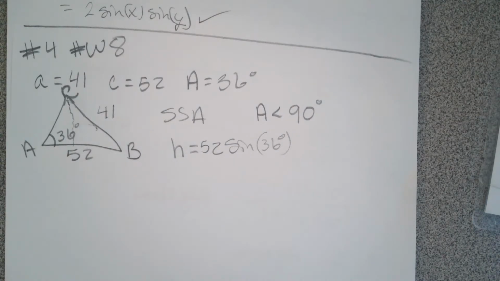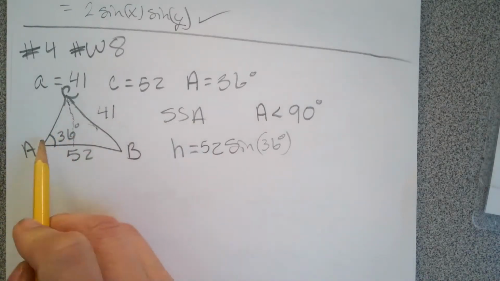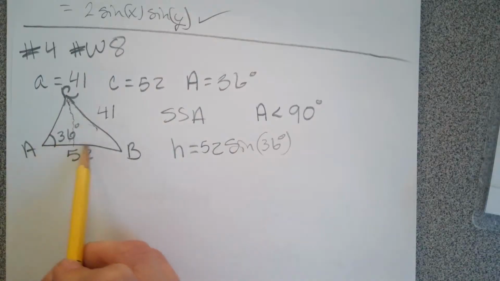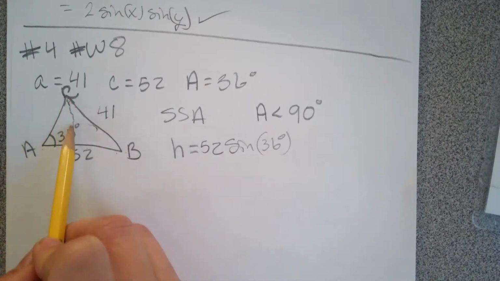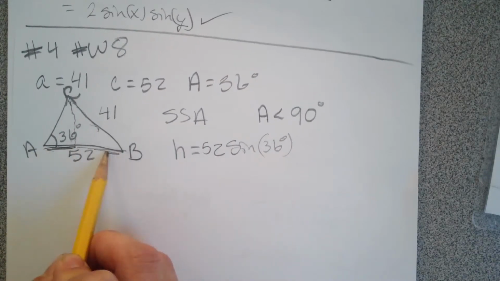Why wouldn't we just cut the triangle in half and then solve for the side that the height is on? What do you mean the side that the height is on? Okay, so if we make this a right triangle, I know this angle. I know this entire side is 52, but you can see by my picture this side is not the same length, right?